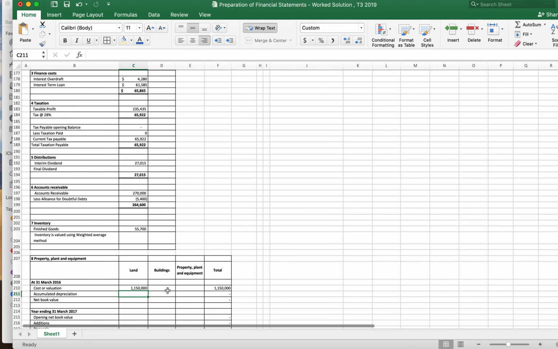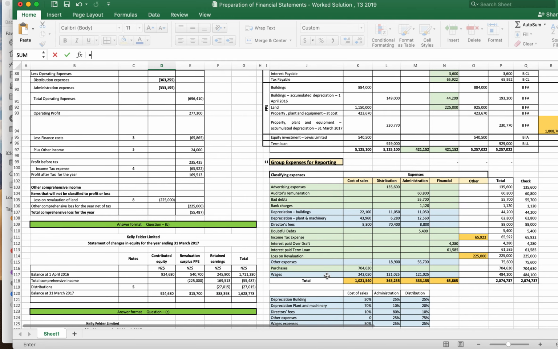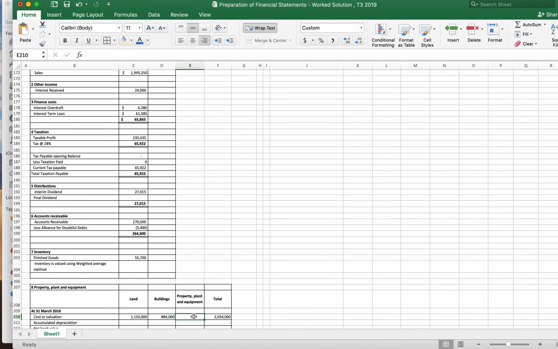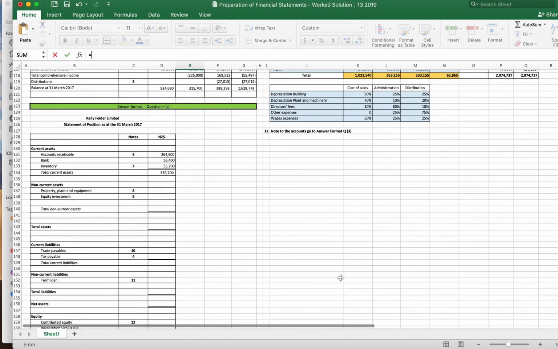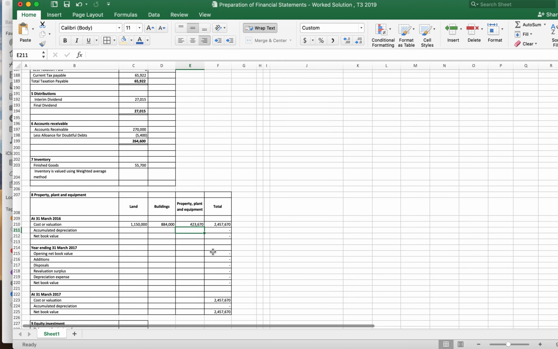Okay, the buildings were there. There's property and plant as well. So we're just getting the opening balances.